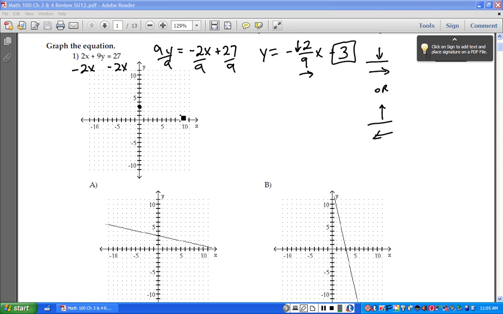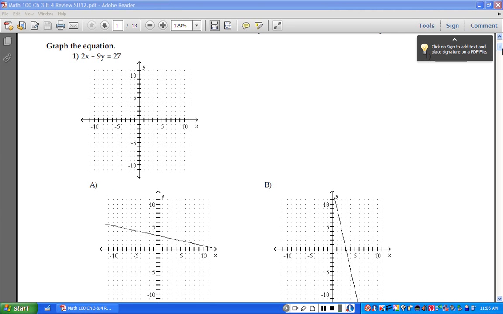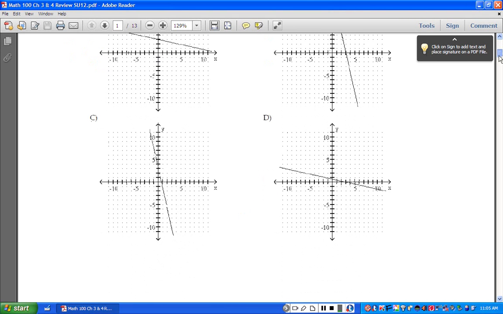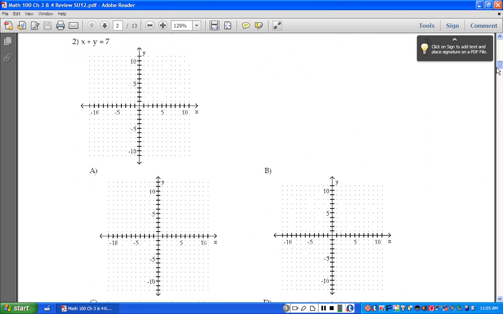So that puts me right there. Connect the dots. I know it's not a perfectly straight line, but you get the idea. So in this case, A would be the answer. So I'll move on to number 2.